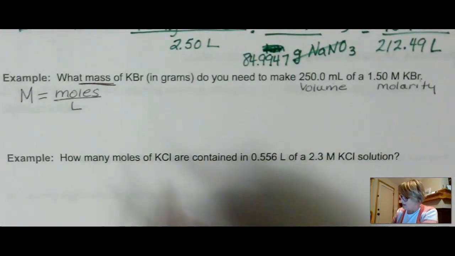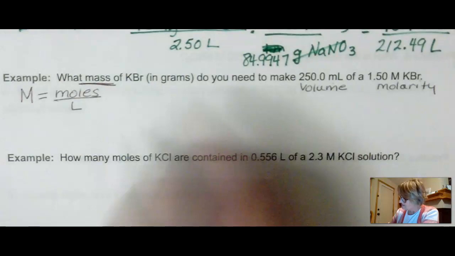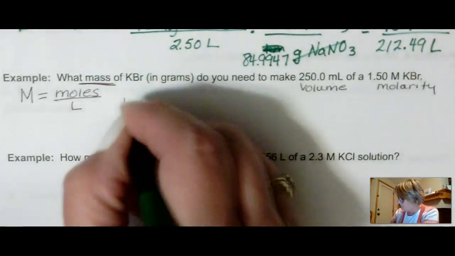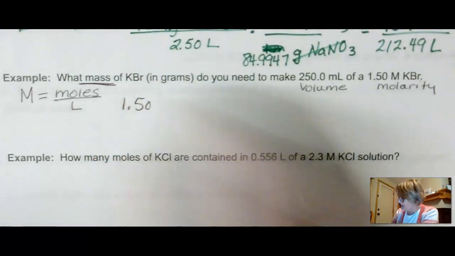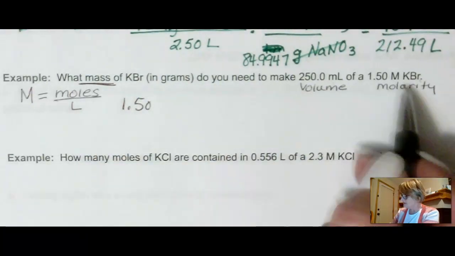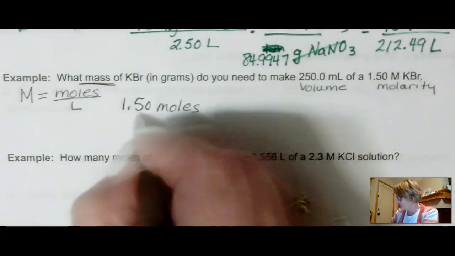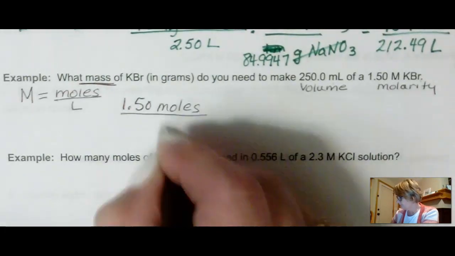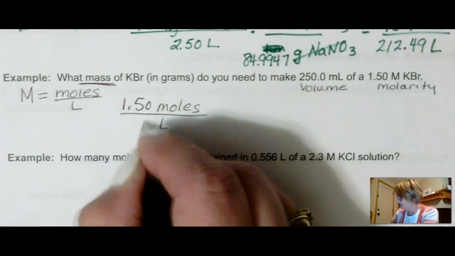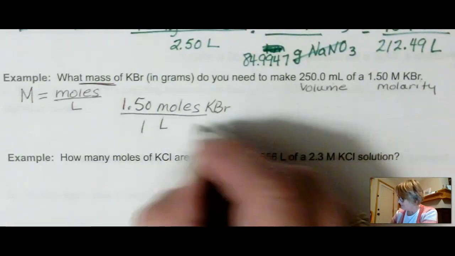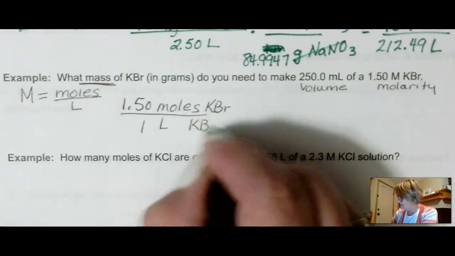I'm going to start with my molarity, 1.50. Instead of putting molarity M, I'm going to put moles per liter, for 1 liter of potassium bromide.